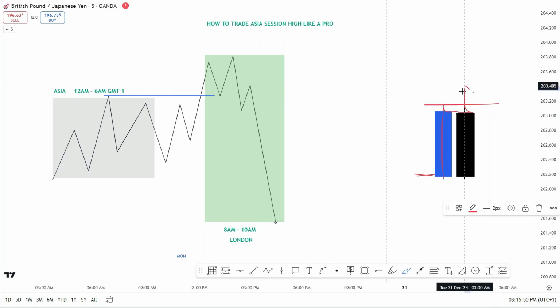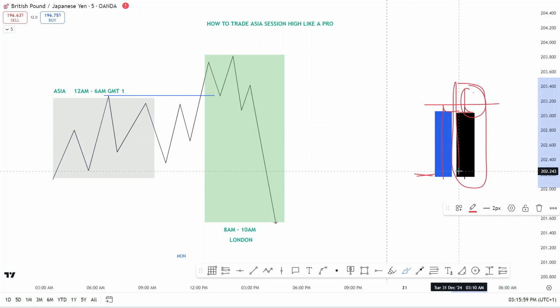Immediately this is confirmed, we need to go to the lower time frame. We don't have to wait for this candle to close first, because this could be the 1 hour candle, it could be the 4 hour candle.